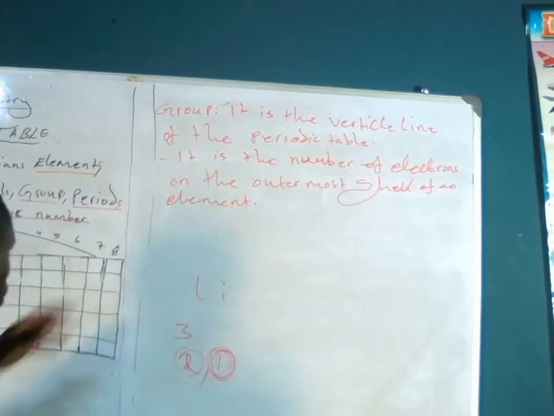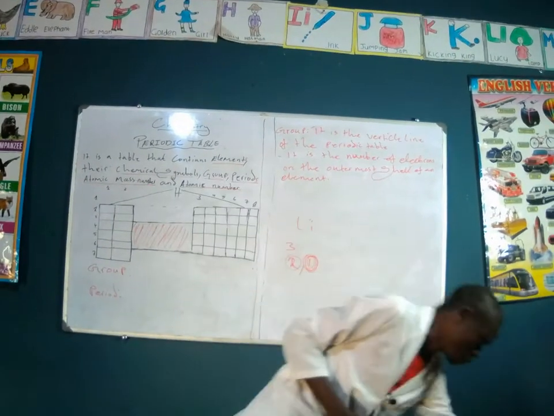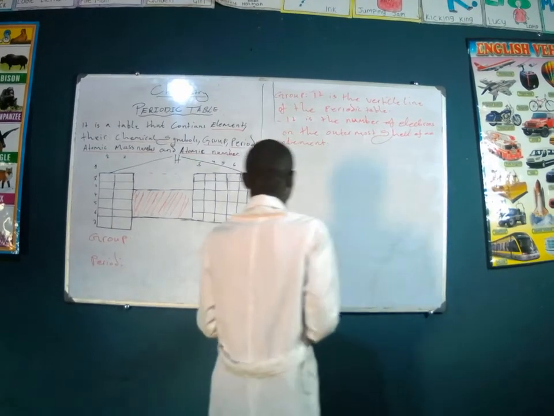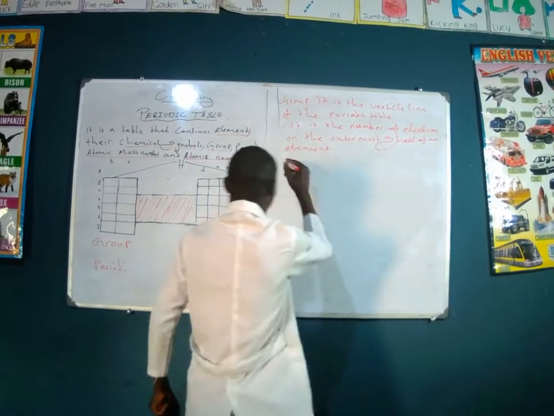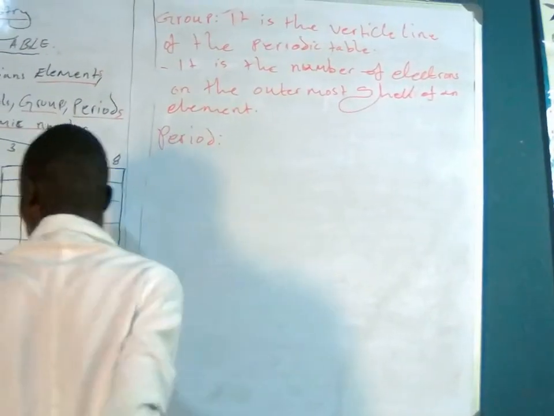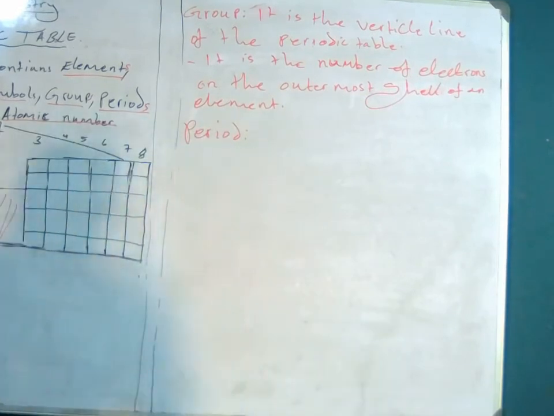Now, apart from this, let us look at what we call the period of the periodic table. How do we define this? Period. It is simply these lines here.